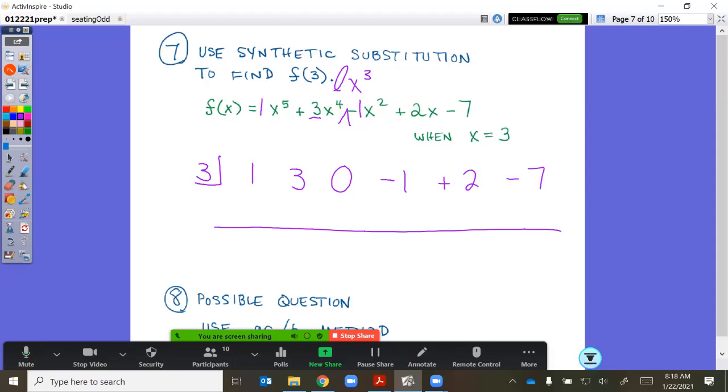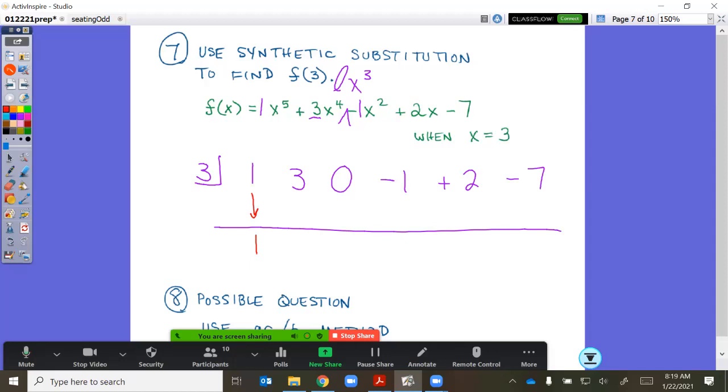Okay? First thing we do is bring down the 1. And make sure that you keep your columns neat, and that you leave enough room to write big numbers in case they're big numbers. If you squish them all together, then you have to line up these thousands underneath real tiny columns.